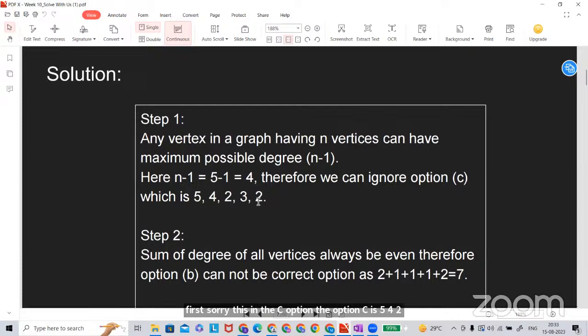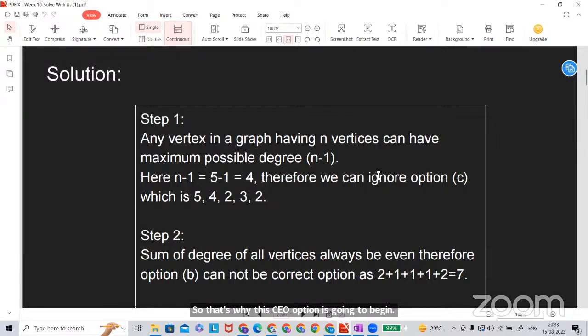But we know that if you have 5 vertices, then any vertex has at most n-1 degree. Option C says vertex A has degree 5, which is never possible. So option C is cancelled out.